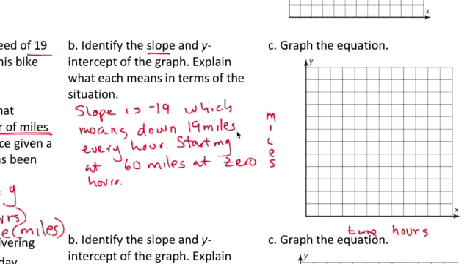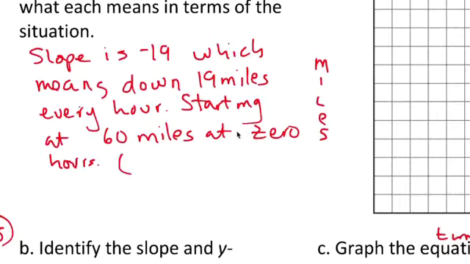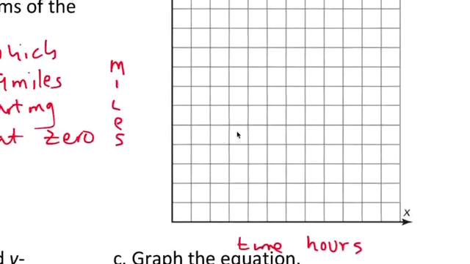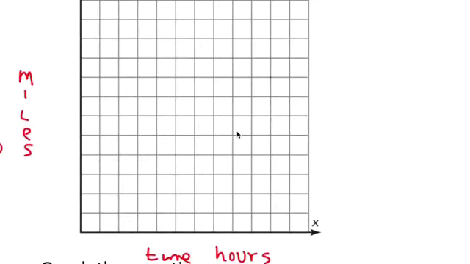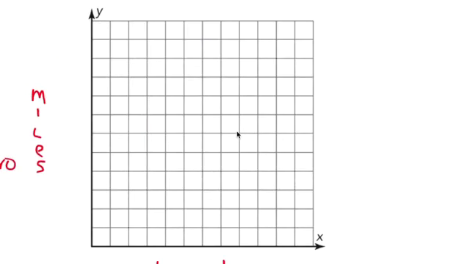If that helps you, identify the y-intercept: 0, 60. 0, 60. Then on the axis: 10, 20, 30, 40, 50, 60.